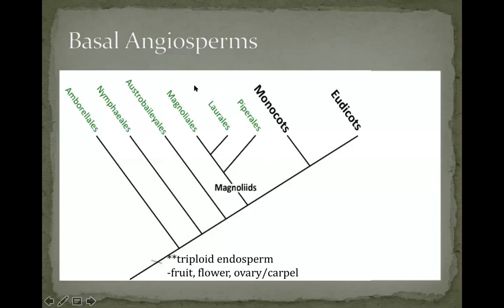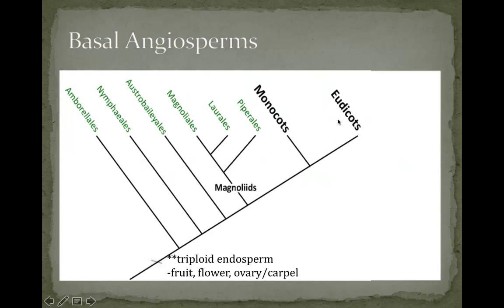Okay, so everything here in green are all of the basal angiosperms. I'm not going to talk about them in too much detail. If you want to learn more about the basal angiosperms and these individual groups, you should take Evolution of Plants, which I believe is going to be offered in the fall. But after the evolution of these basal angiosperms, we have the monocots, also known as the monocotyledons, which, like I said, are technically a basal angiosperm.